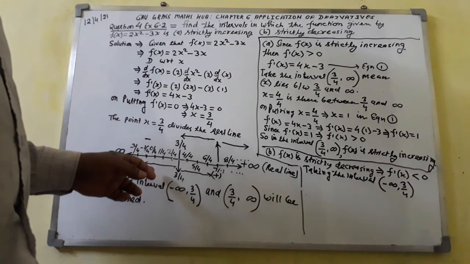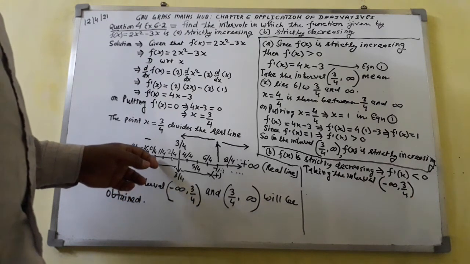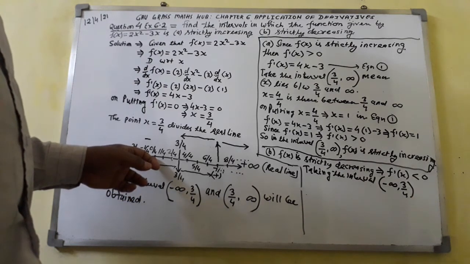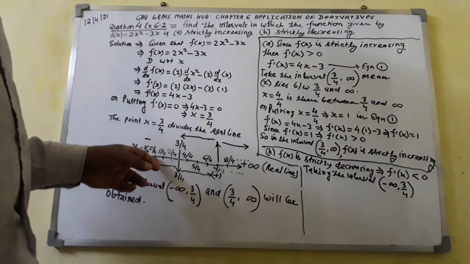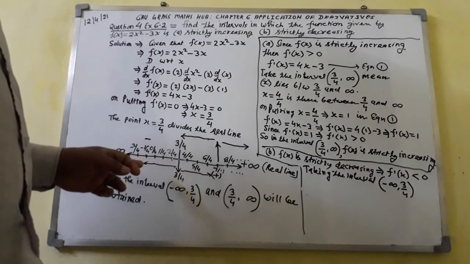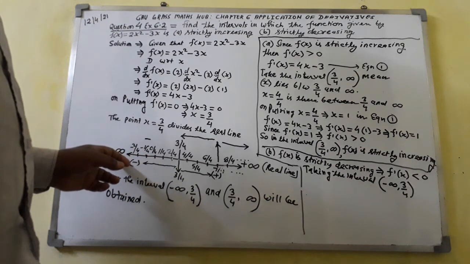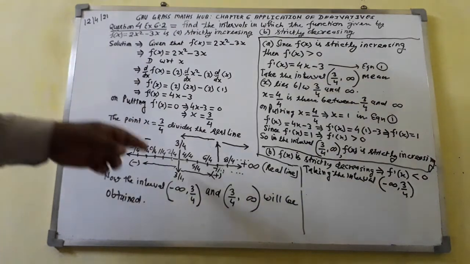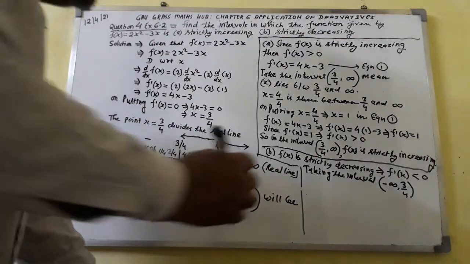I shall take a point. Now take this point 0. x equal to 0 lies between minus infinity and 3/4. So I shall take this point.